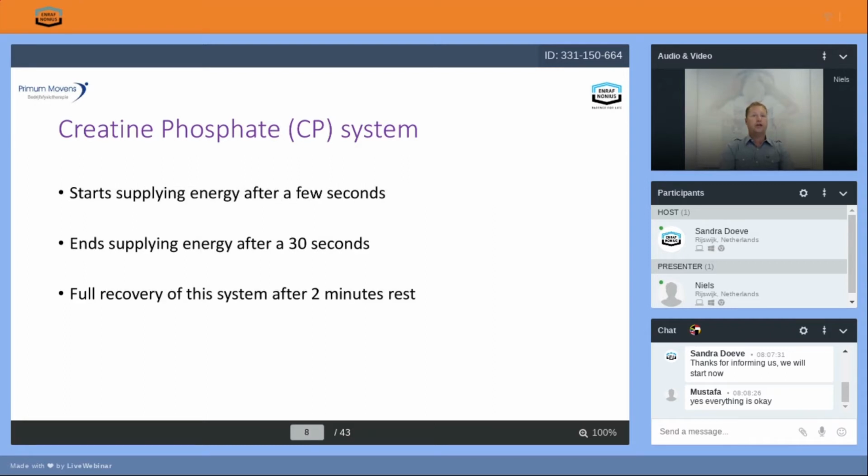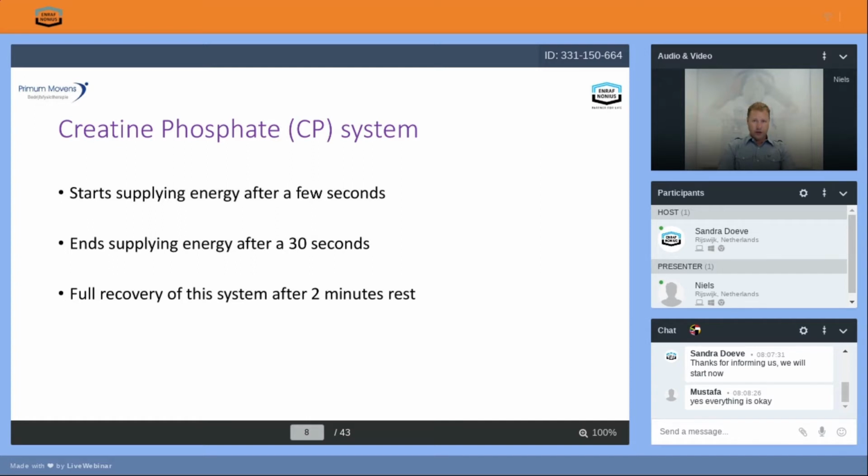It starts supplying energy after a few seconds. So firstly, you use the ATP within the muscle cell itself, and then the creatine phosphate system takes over. After 2 to 3 seconds, it has taken over the energy supply from the ATP system, and it ends supplying energy after 30 seconds.